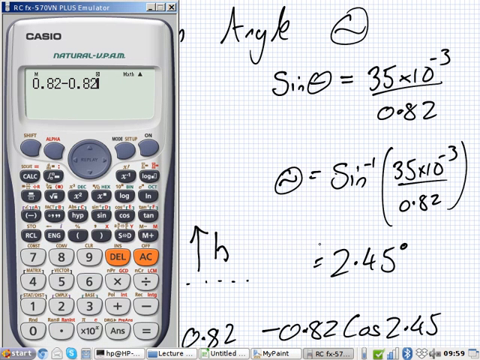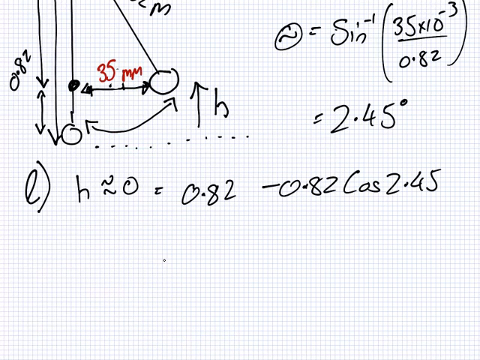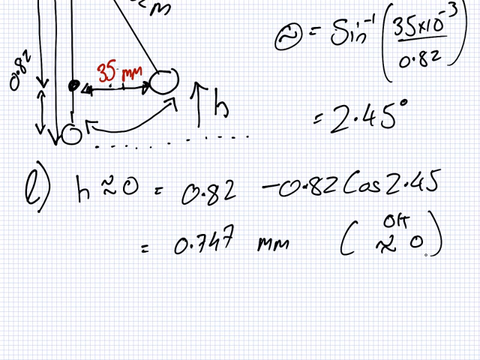So this should be very small, like 1 centimeter. Oh, not even 1 centimeter. It's not even 1 millimeter. It's 0.747 millimeters. So this is why it's okay to consider it to be about 0, because it's such a small distance as it turns.